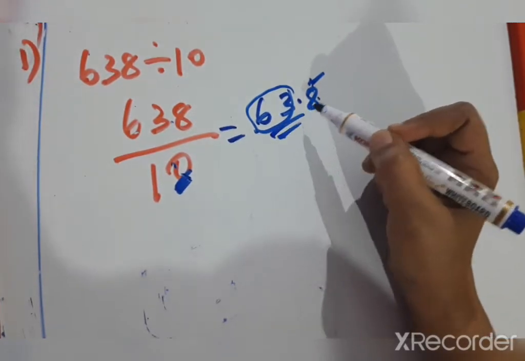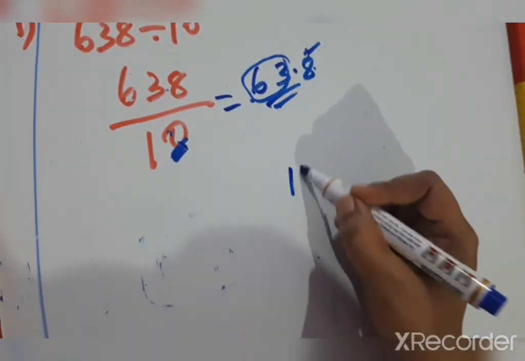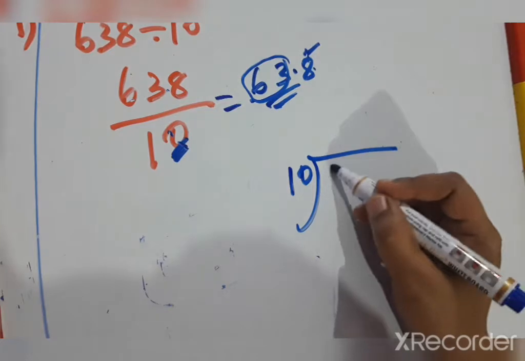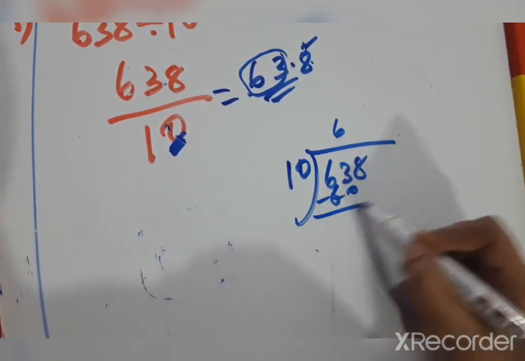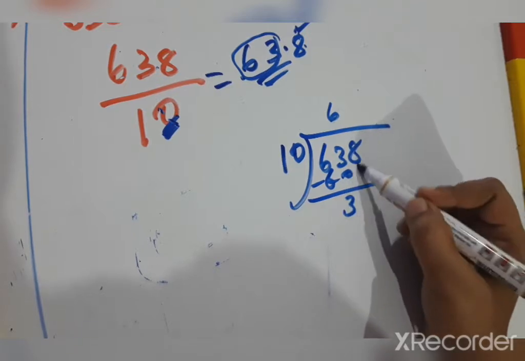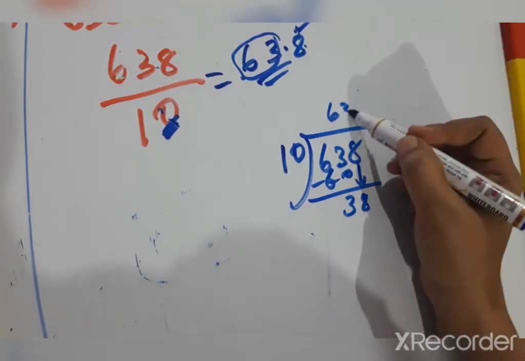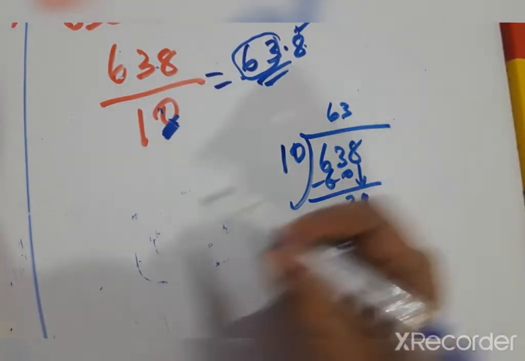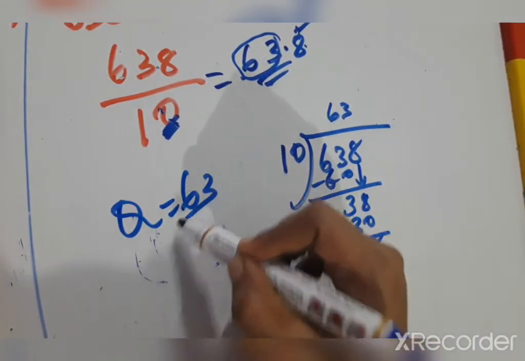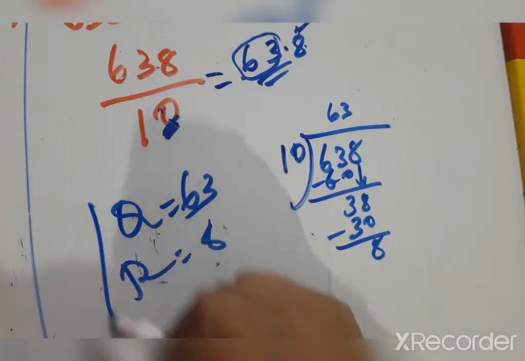Check whether our answer is correct or wrong. Now 10 into 638. 10 sixes are 60, 3 remainder, and bring down this 8. 10 threes are 30, minus, 8. So the quotient is 63 and the remainder is 8.